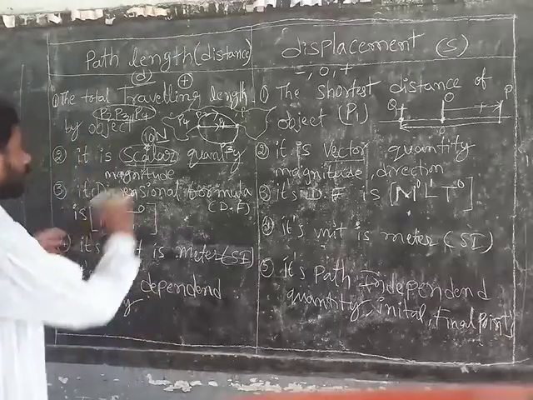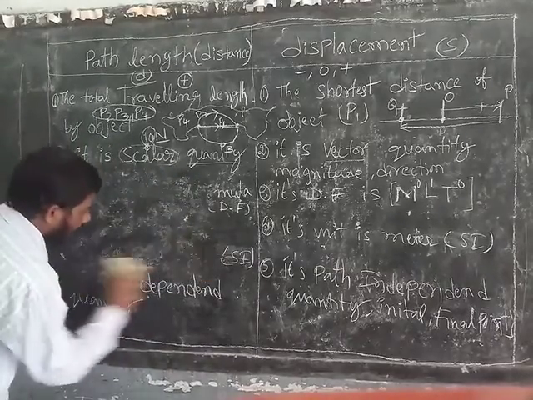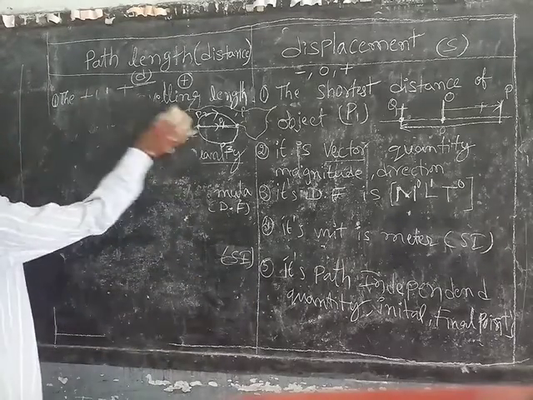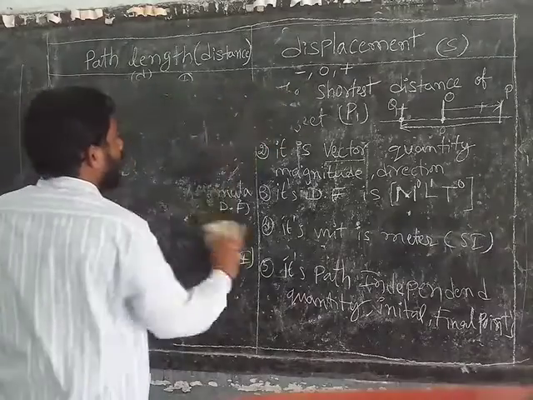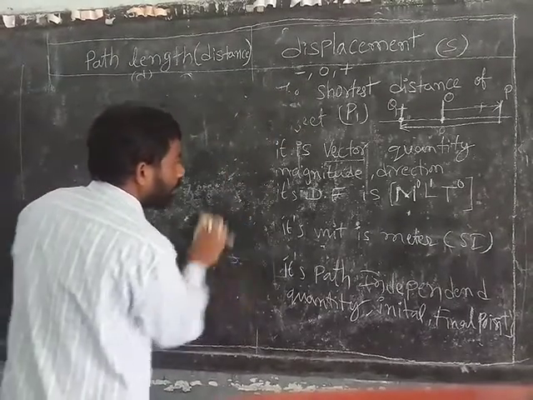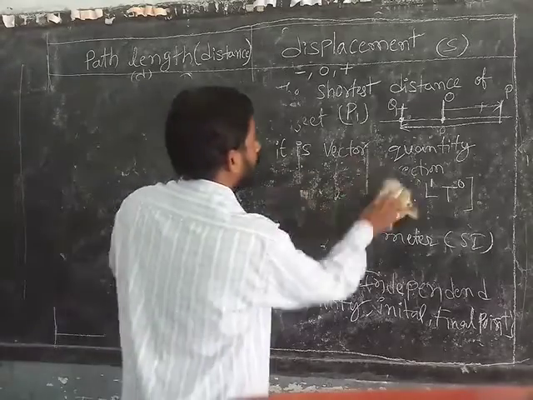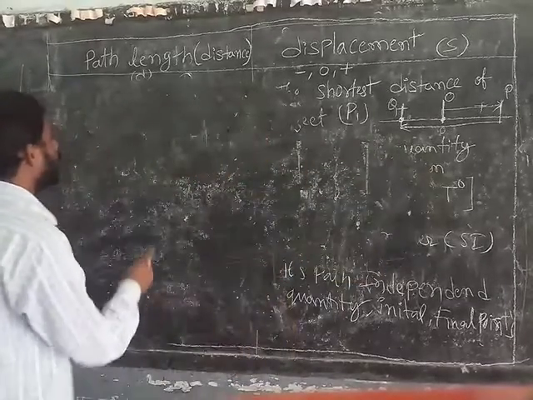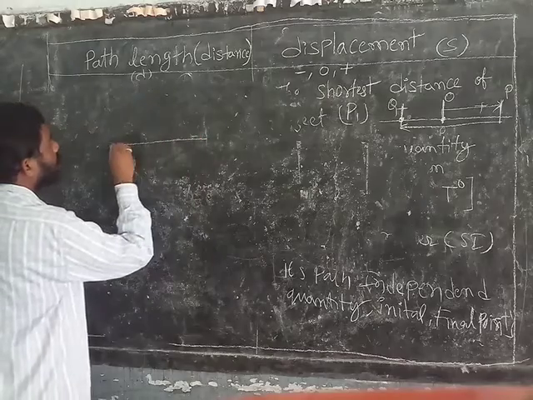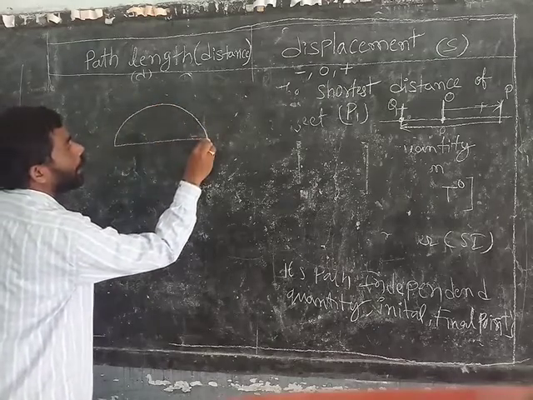In this class, we explain some more problems based on displacement and distance. Now we see, suppose this is a semicircle.